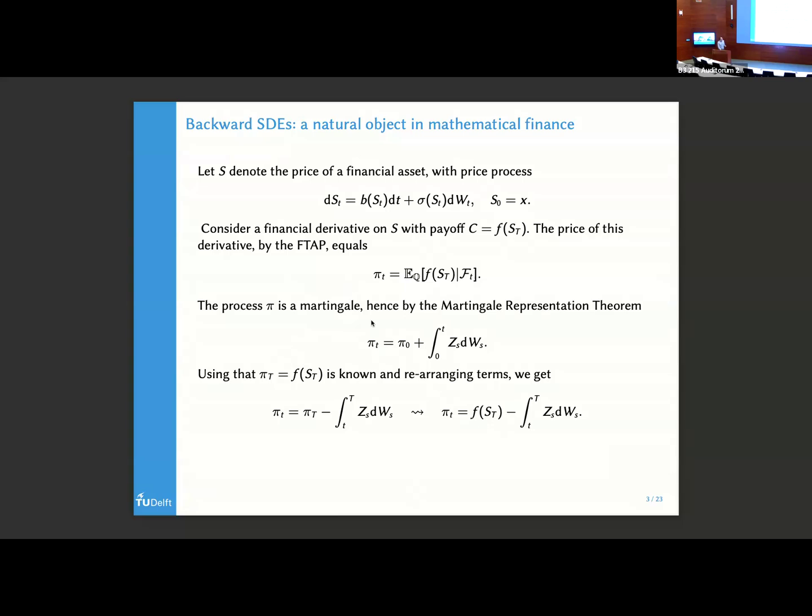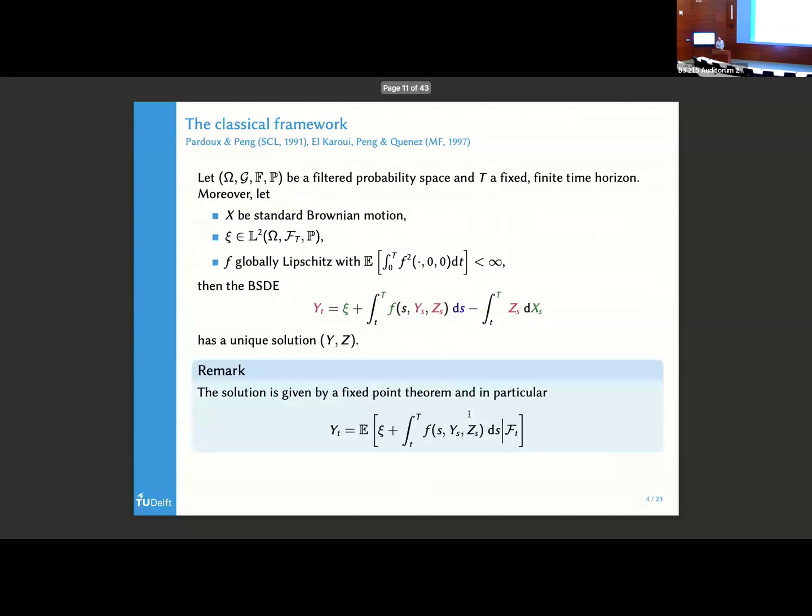This is basically an SDE of this form where you know the terminal condition and you don't know the initial condition. This is what a BSDE looks like. Of course, this is a very simple object. We know how to compute it analytically, so we never bother treating this as a BSDE. But this was just to show you why this arises naturally in math finance.